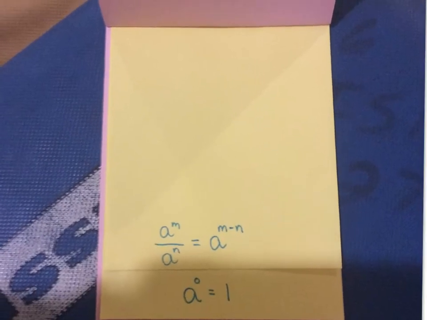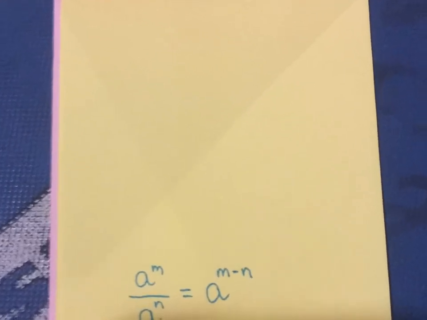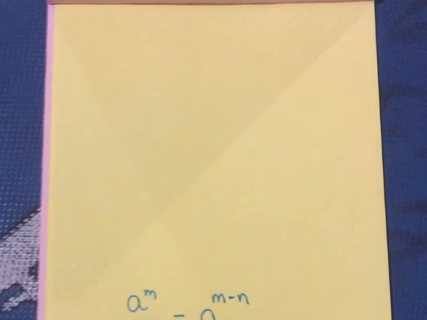Okay, so looking at this example, first I'm going to just do a basic one. I'm going to do it with variables though, because there's a lot of harder ones on this level. So if we have r to the 10th over r to the 2nd, well that's equal to, and if you need to, write it out.